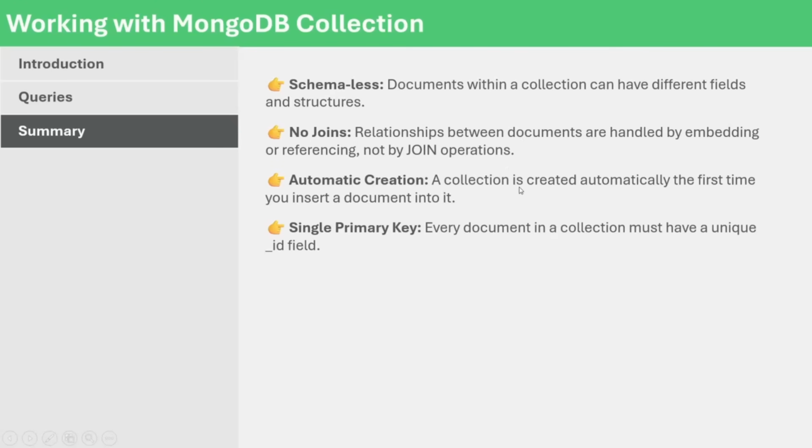Also, a collection is created automatically the first time we insert a document into it. As we saw, if a collection does not exist and we try to insert a document, first the collection gets created and then the document is inserted inside it. And every document in a collection must have a unique underscore ID field value. So no two documents in the same collection can have the same underscore ID value.